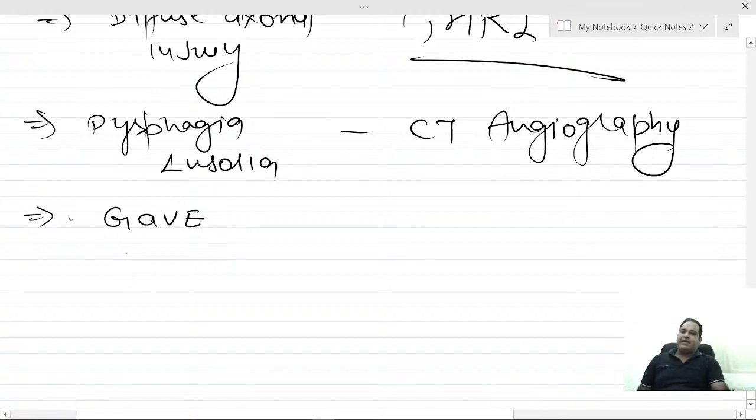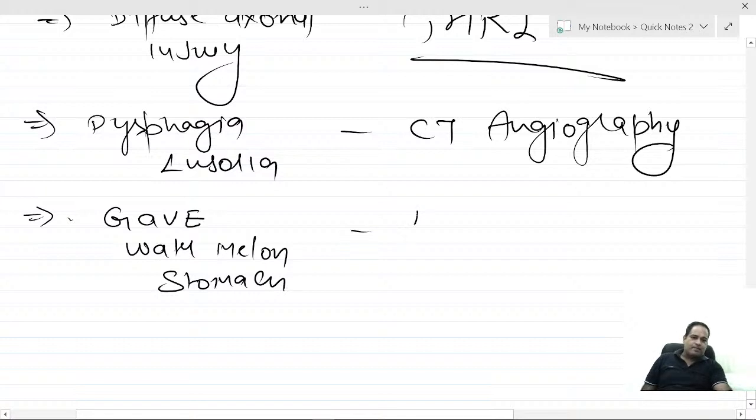Gastric antral vascular ectasia, the watermelon stomach, it has to be endoscopy.